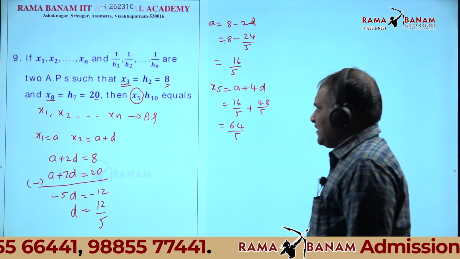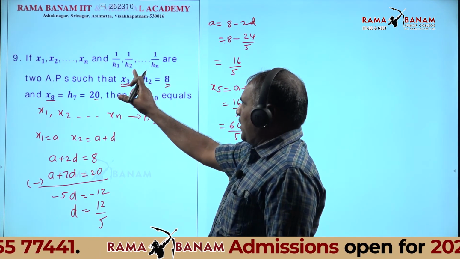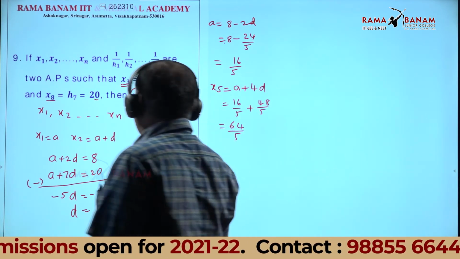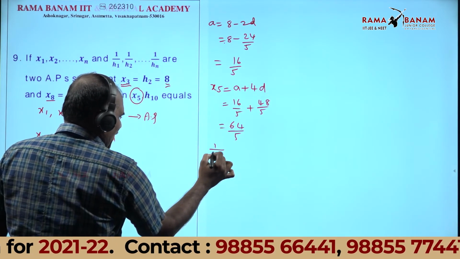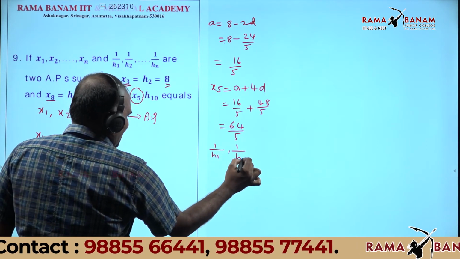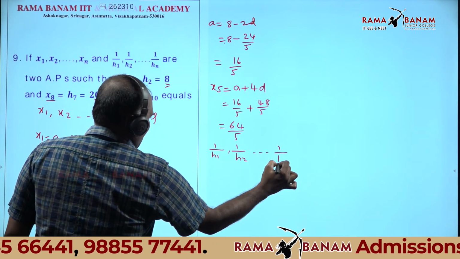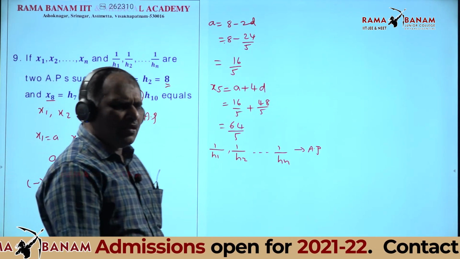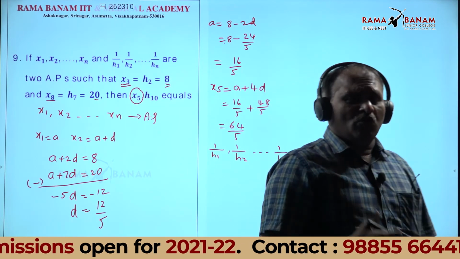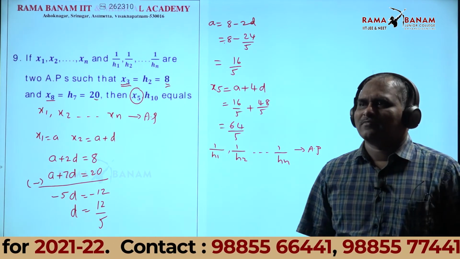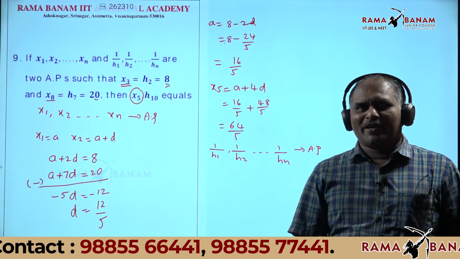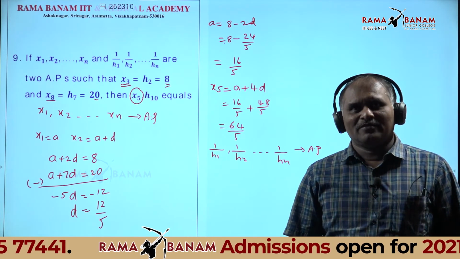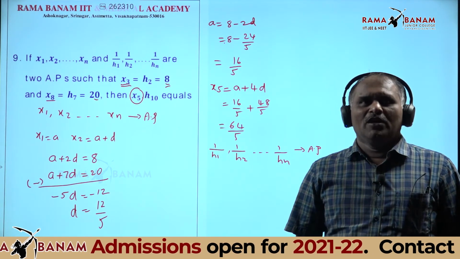In the second series, 1 by h1, 1 by h2, etc., 1 by hn are in arithmetic progression. In arithmetic progression, what are the terms? a, a plus d, a plus 2d, a plus 3d, the nth term is a plus n minus 1 d.